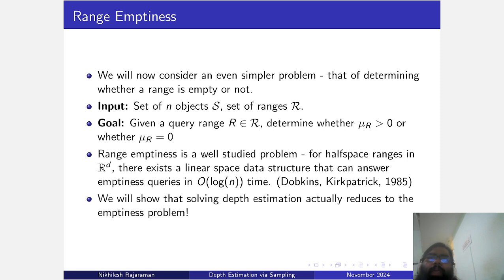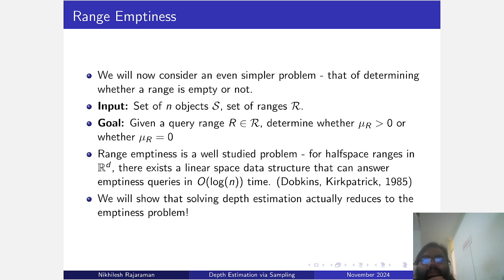So this should actually be quite surprising. What we say here is that if we have an algorithm that's just able to answer whether a query range is empty or not, whether it has any points or not inside it, somehow that has enough power to actually be able to count the number of points inside a range to an arbitrarily high precision.